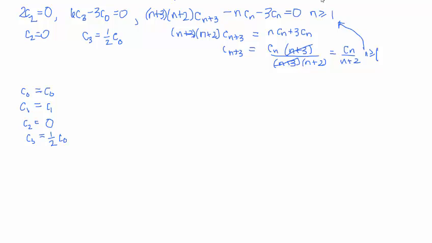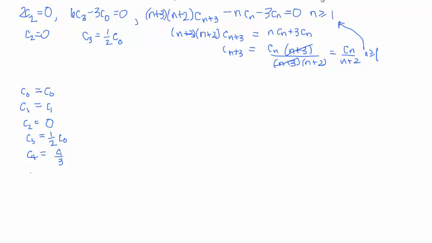And then for all the other values that I get when I use this recurrence relation, when n is greater than or equal to 1, I'll get all my other coefficients from C4 on out. So for the rest of them, I'm going to use that recurrence relation. Okay, so for the recurrence relation, when I plug in n equals 1, I get C4 equals C1 over 3.